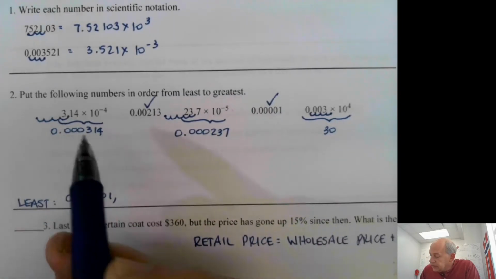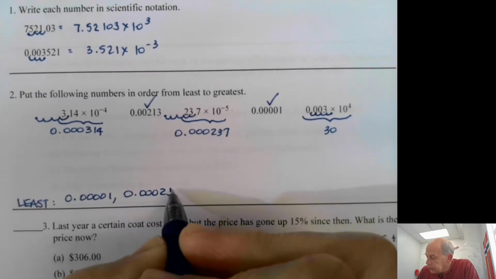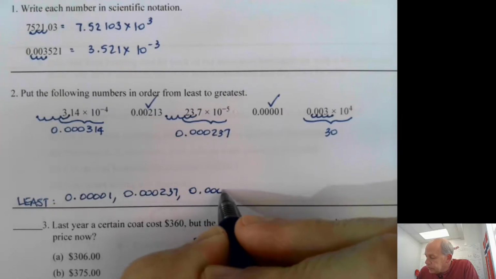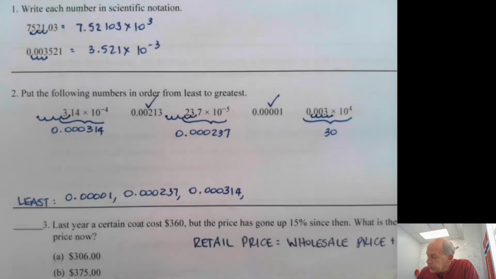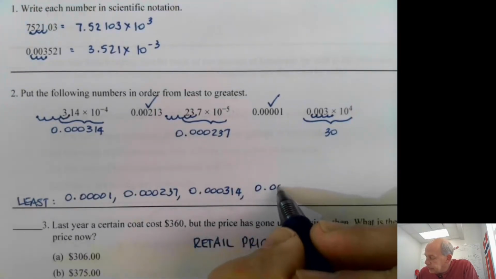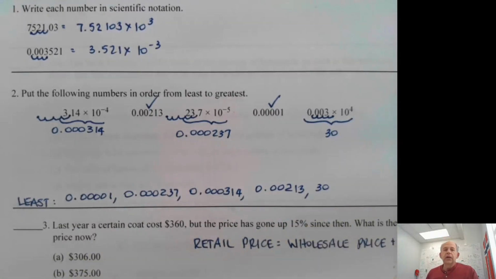This had 3 zeros and a 3. Then the 3 zeros and the 314. Then comes this one with the 2 zeros, and then 30 by far is the largest value. So those are your values from least to greatest, ranking those from least to greatest.